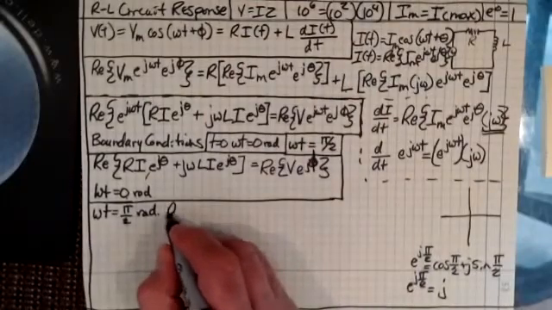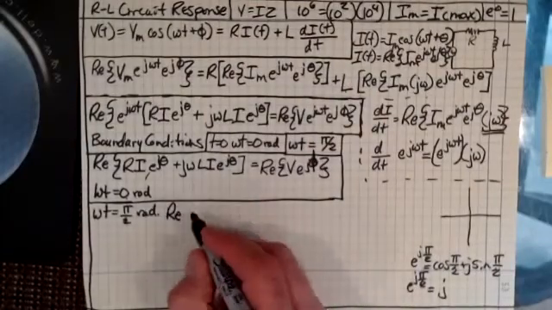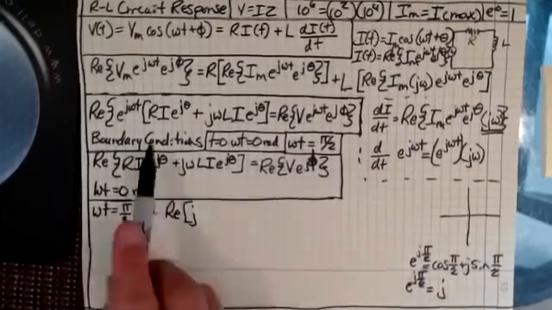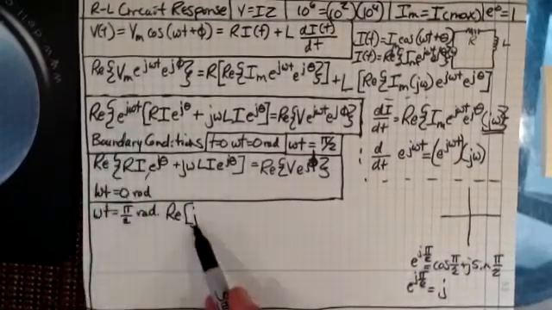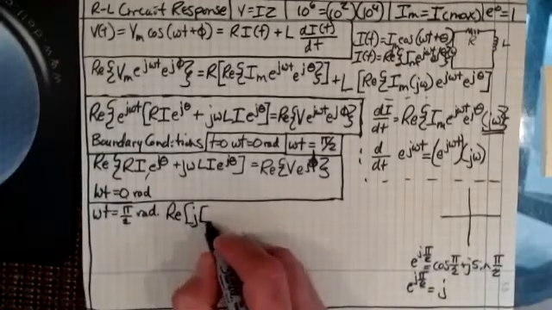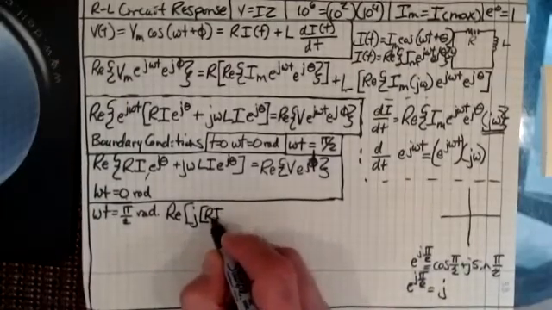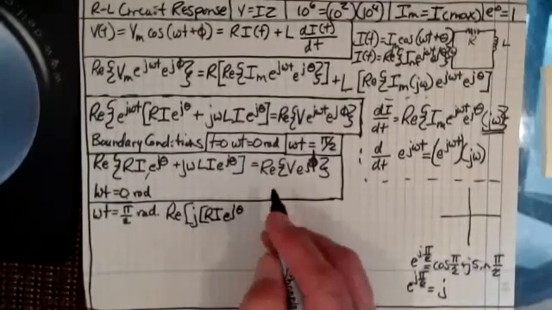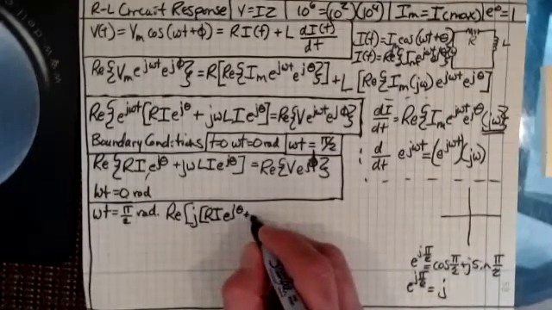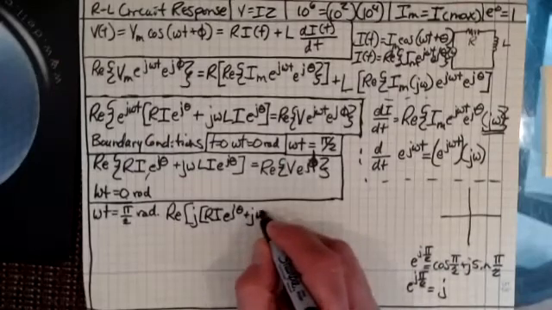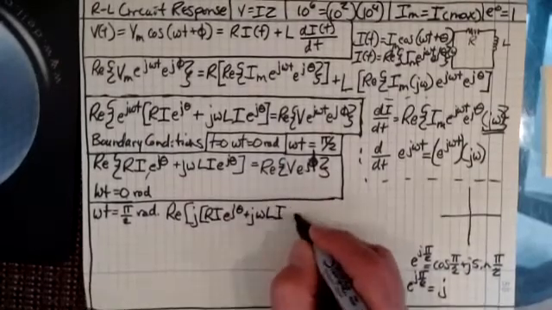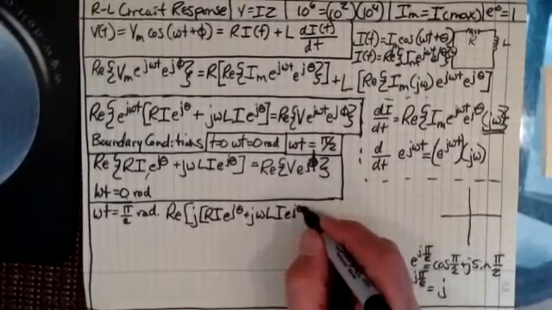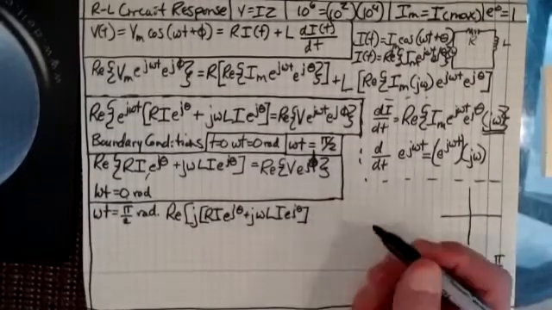It's going to be the real part of j times R I e to the j theta plus j omega L I e to the j theta, right?